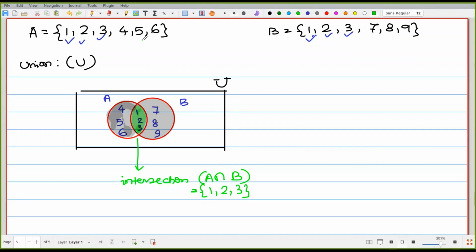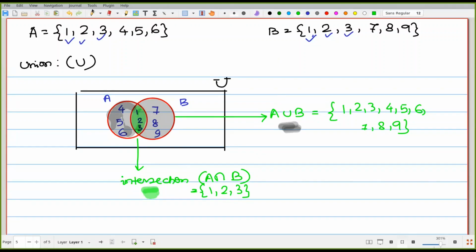Okay, so that means A union B is, sorry, here, that is 1, 2, 3, 4, 5, 6, 7, 8, 9. So I can say using slate color and using green color.